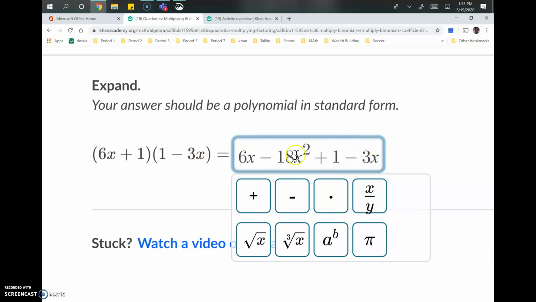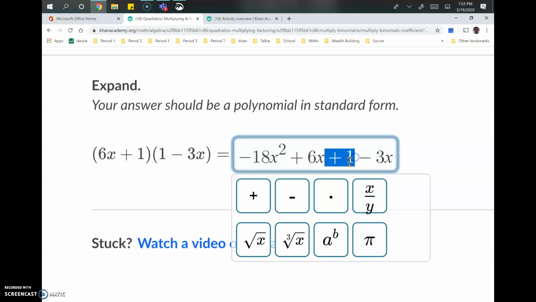Now you can see here it's not in the right order. We've got an x term, an x squared term, a constant, and an x term. So we know that we can combine this term and this term. And we know that this term goes first, and this term goes last because it's the constant. So I'm going to grab this term, cut it, and put it first. That 6x is positive, so I'm going to put a plus for now.